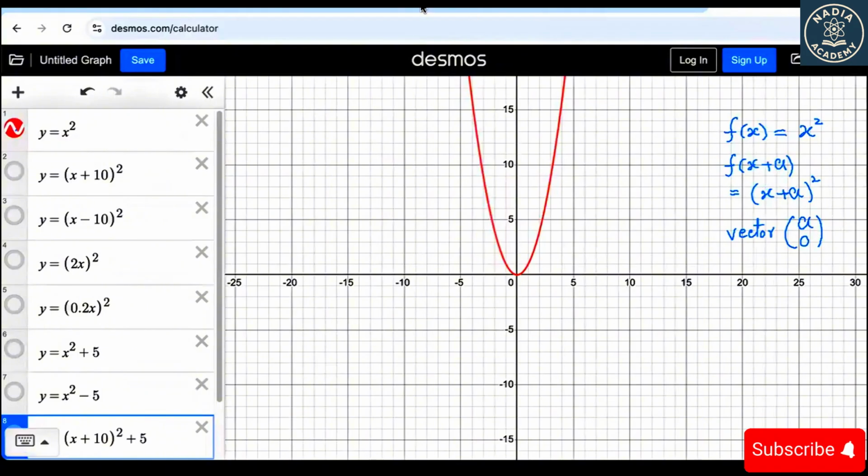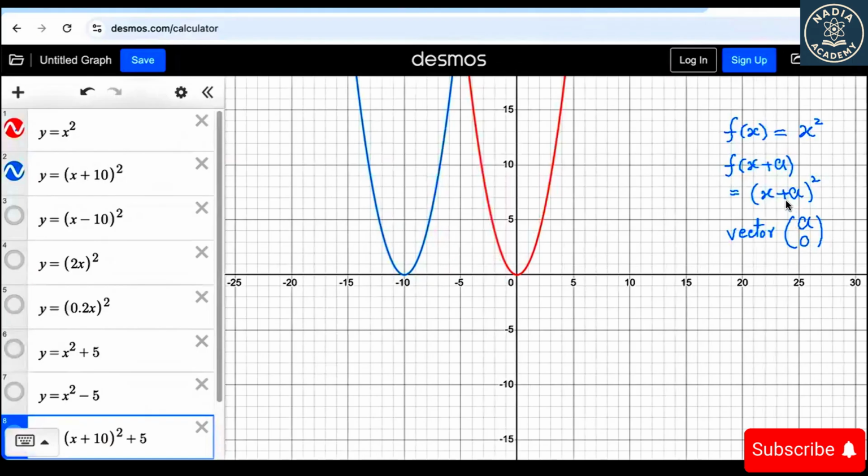What does this mean? Let's see here that we have another function, which is y equals (x plus 10) squared. What happened is that our red parabola has shifted towards the negative x-axis by 10. Now you see our vector: 10 along the x-axis and 0 along the y-axis.